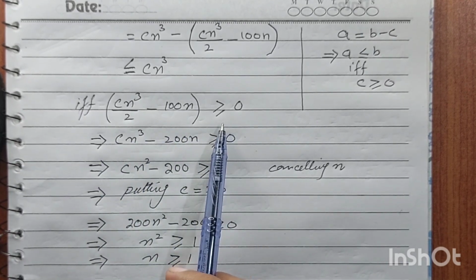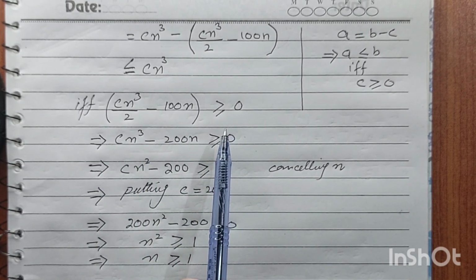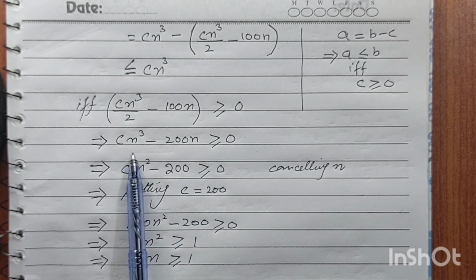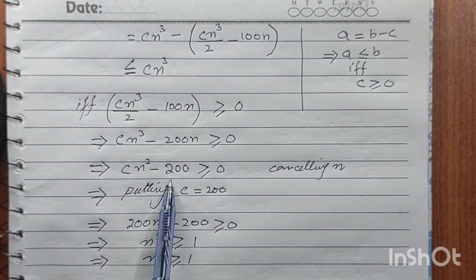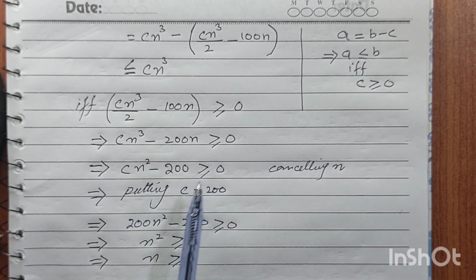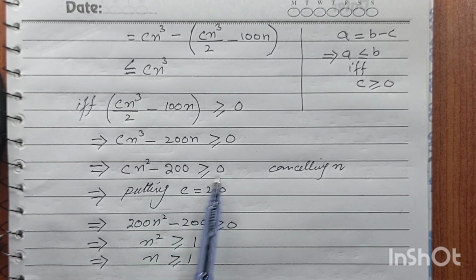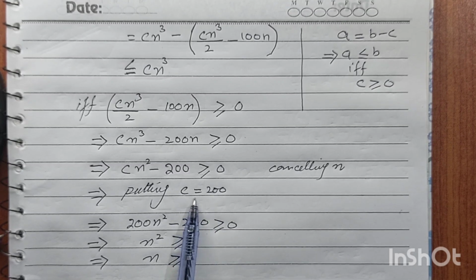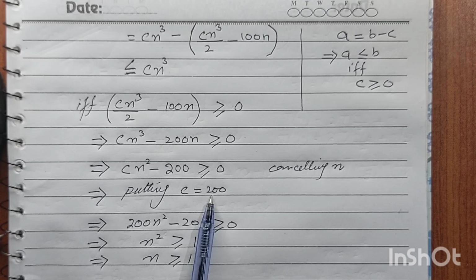Just doing the same thing that we have been doing in the previous lectures, calculating the value of C and n naught. So doing some simplification, crossing n from both sides, and putting C is equal to 200, because less than 200 it is not going to prove it true. So we can have any C greater than or equal to 200, that would be working for this one.